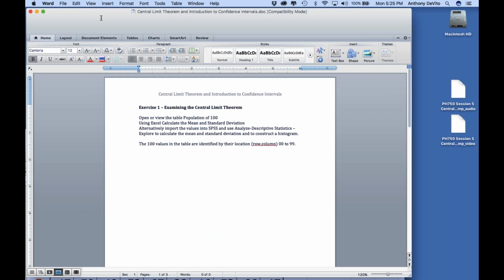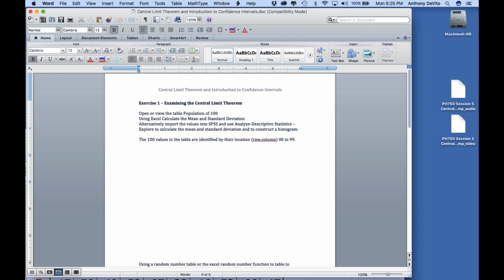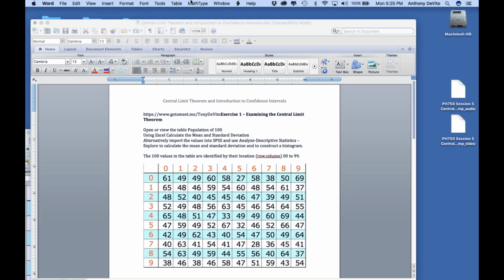Okay. So my first problem is, how do I get a random sample from this group of people that I have? The way that we're going to do it in this case, there are a number of ways to do it. There are computer programs that you can use to randomize social security numbers, to randomize phone numbers, and so on and so forth.